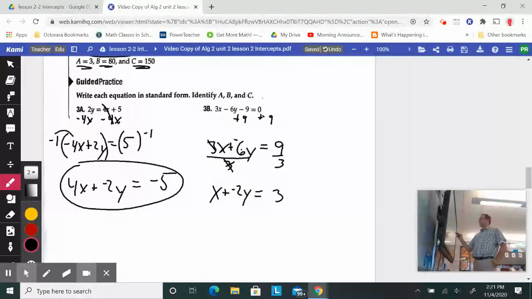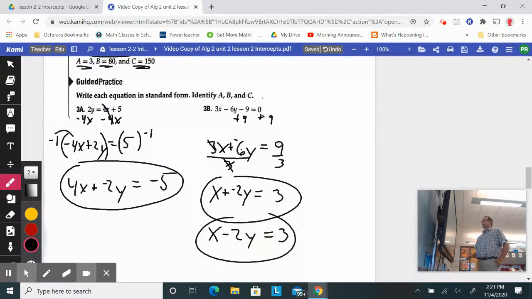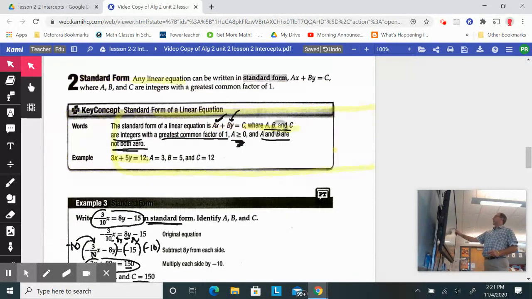Now that's in standard form. You could then rewrite it to be like this if you wanted. But the idea of addition, ax plus by equals c, has to fit what we talked about here in the key concept box.